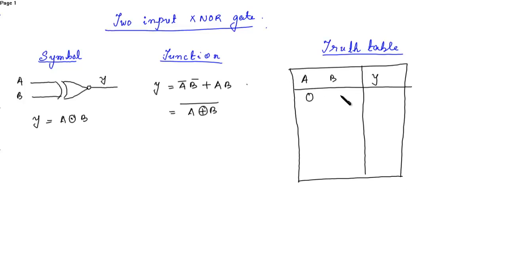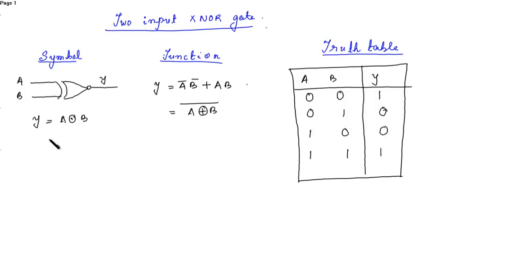If both inputs are 0, then the output is 1. With 0, 1, then 0, then 1, 0, then 0, 1, 1, then 1. So you can see the output of the truth table is just reverse the output of the XOR gate. So that's the reason why it's written A XOR B whole bar.